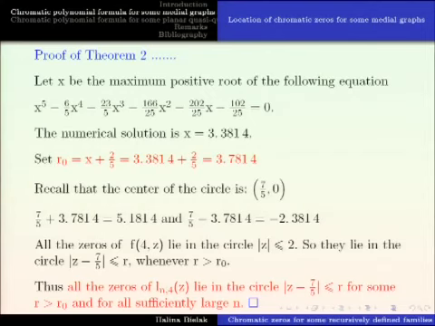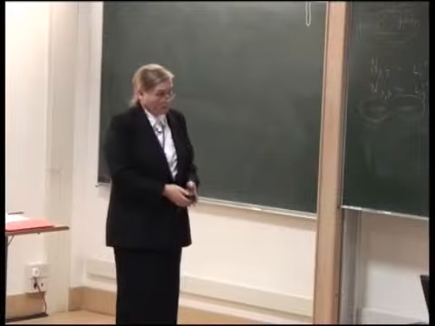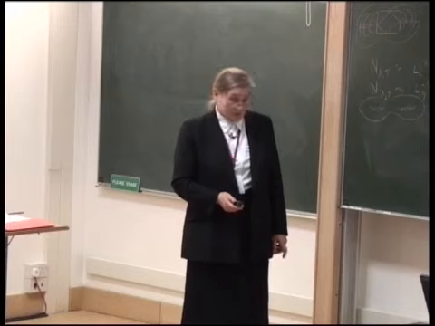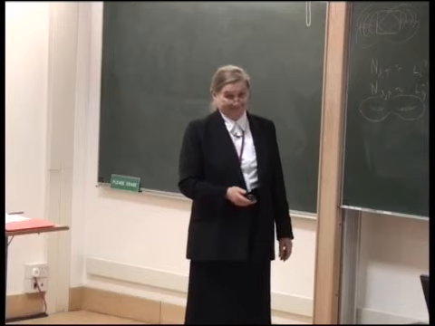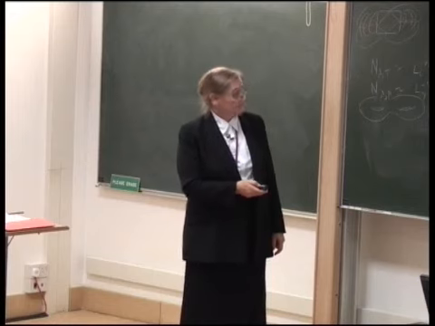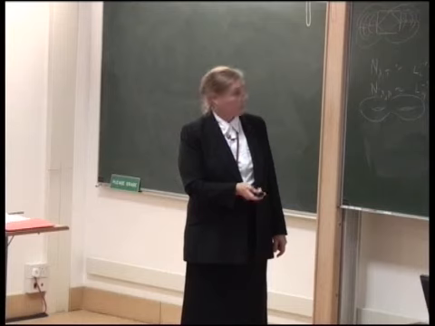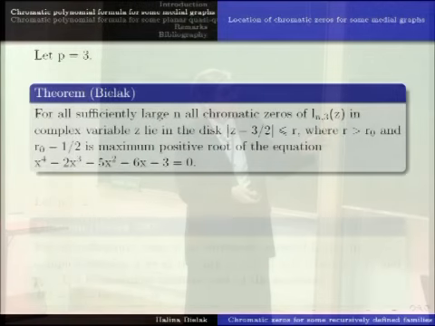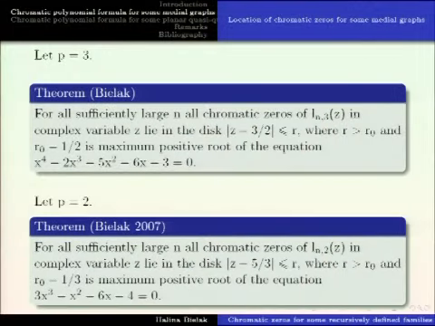So by Rouché's theorem, we can conclude that all zeros of this chromatic polynomial lie also in this disk, for sufficiently large n and R greater than R0. Similarly, yes, I finished. I present only this fact and this one.